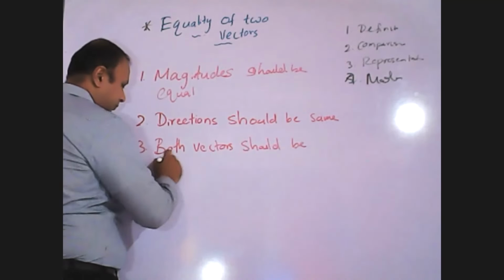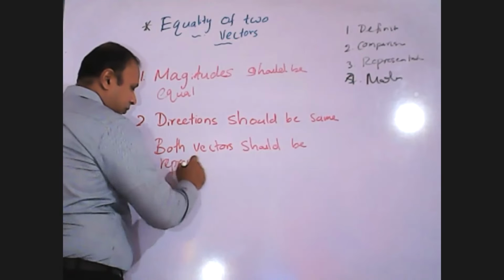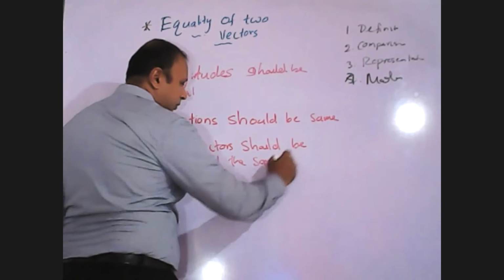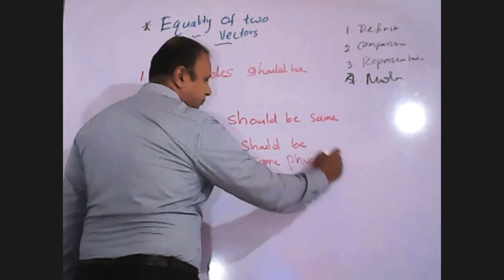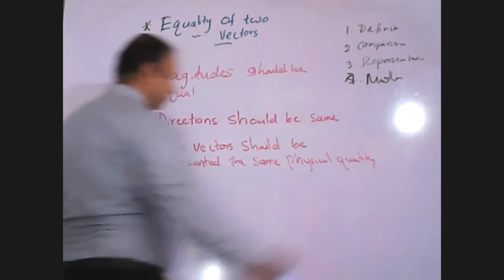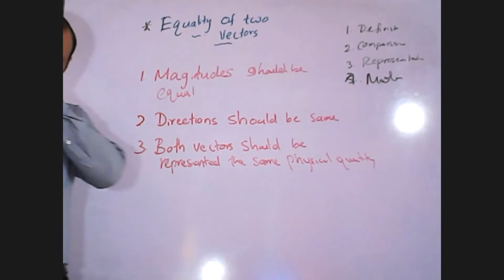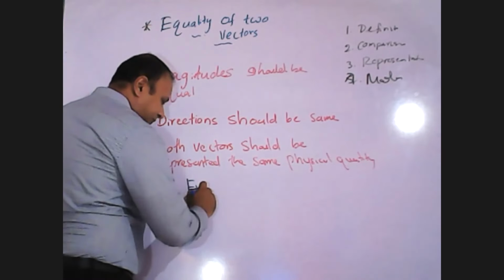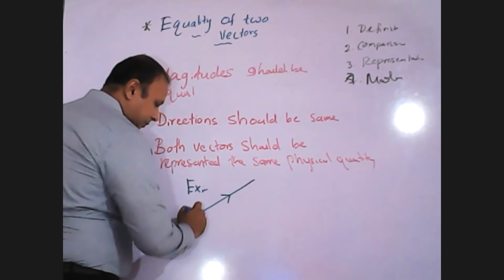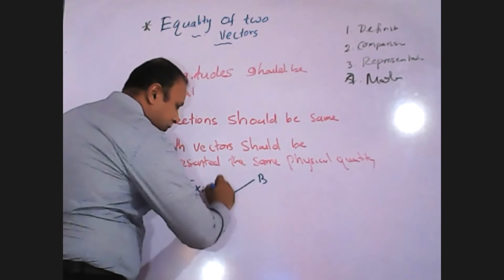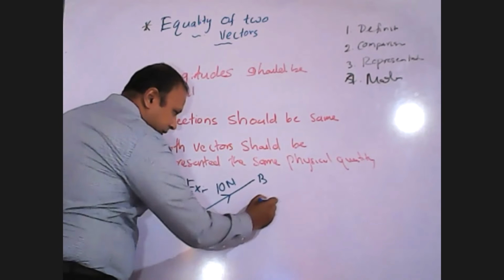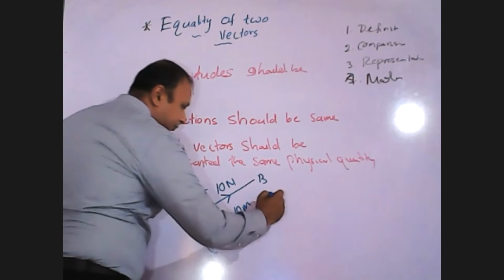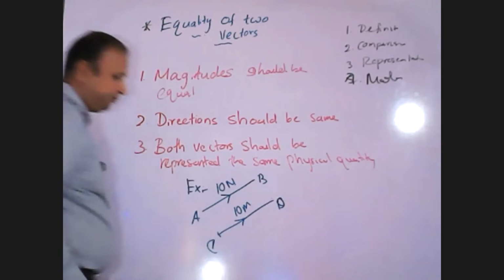As an example, we can write AB, 10 Newton force, and 10 meter displacement, CD.